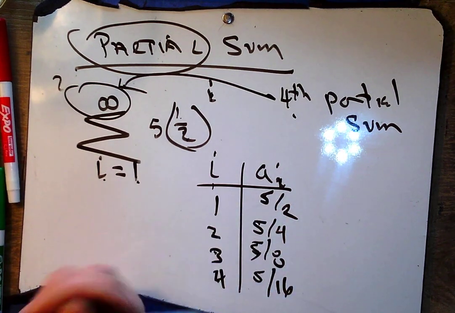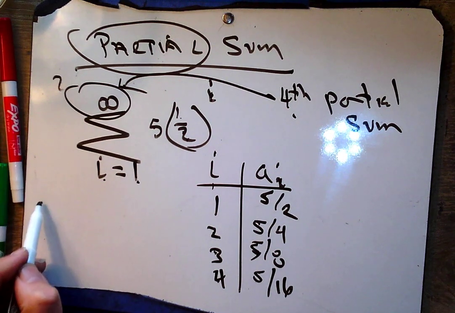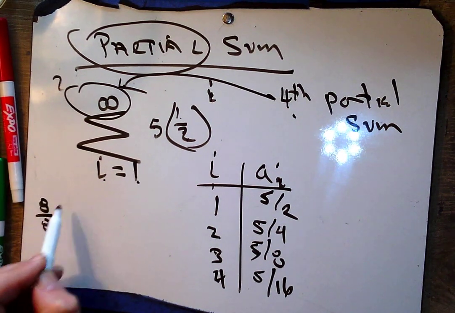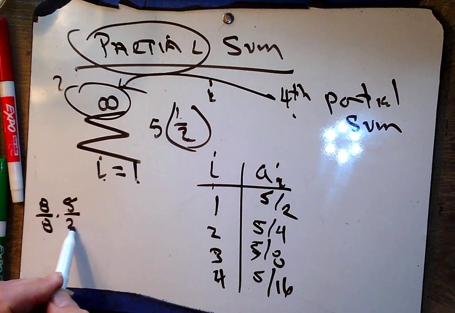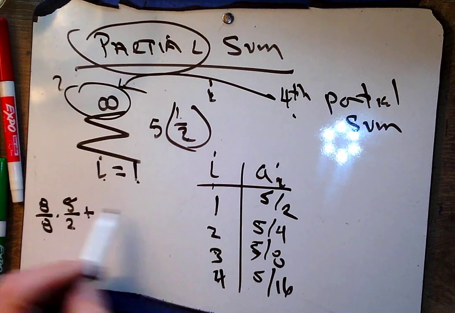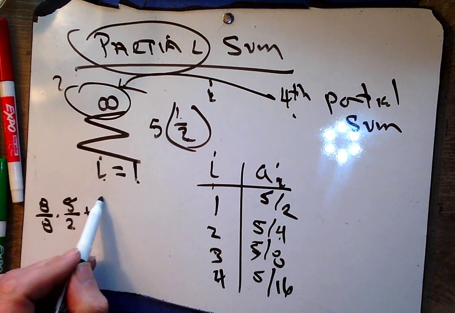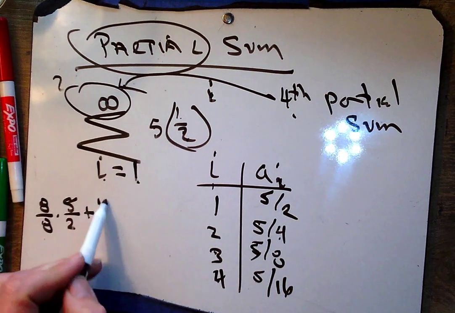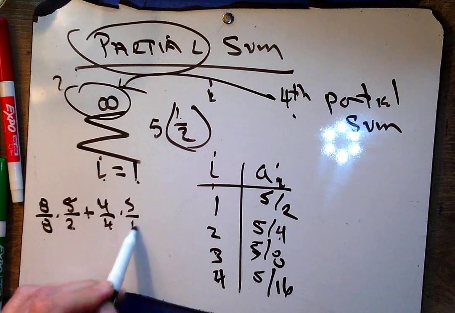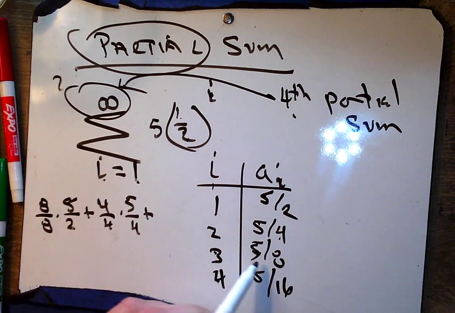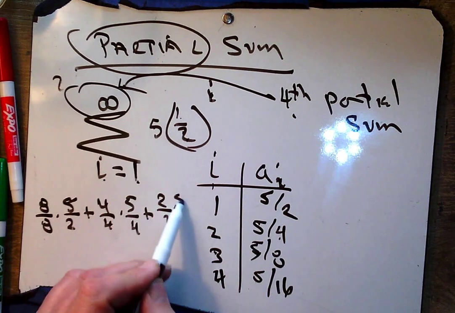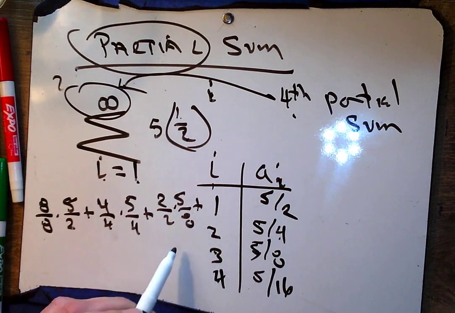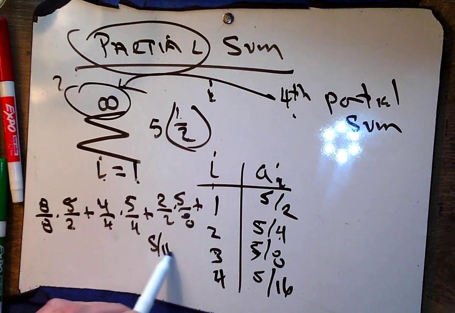I would make a common denominator, so I'm going to need 8/8 times 5/2, plus 4/4 times 5/4, plus 2/2 times 5/8, plus 5/16.